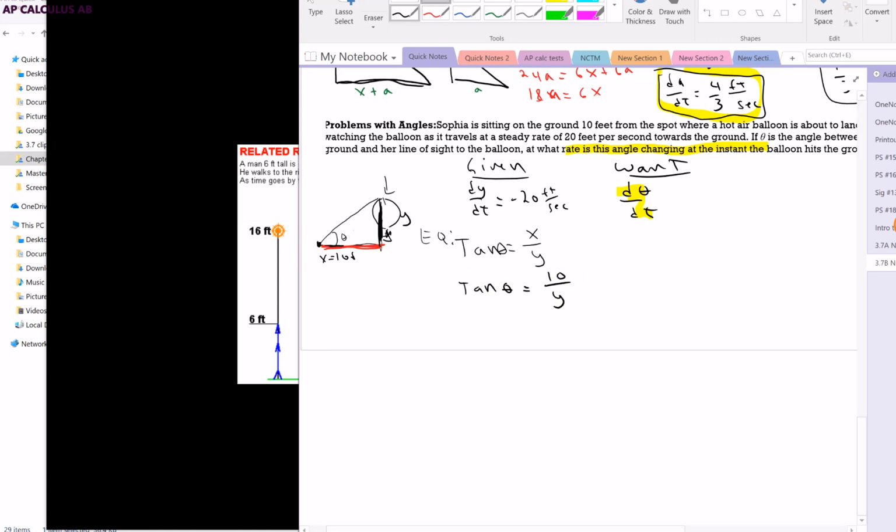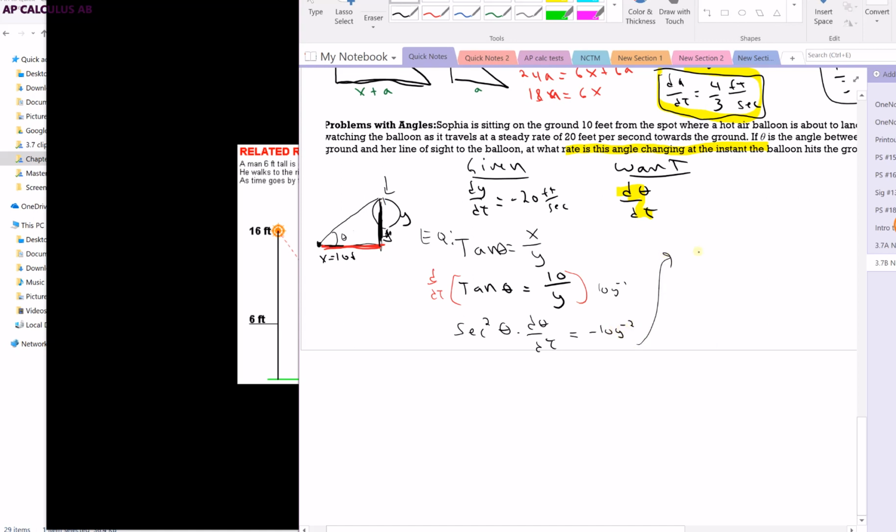Okay, so now we're going to take the derivative with respect to time. The derivative of tangent is secant squared theta times d theta/dt equals 10 over y, which is the same as 10y to the negative 1, so it's going to be negative 10y to the negative 2.